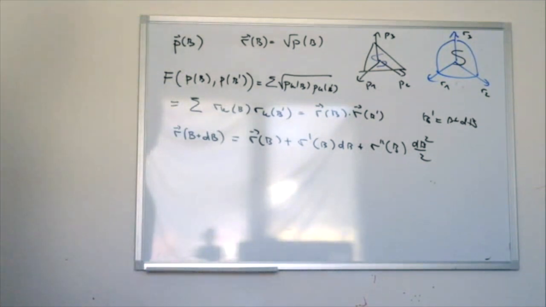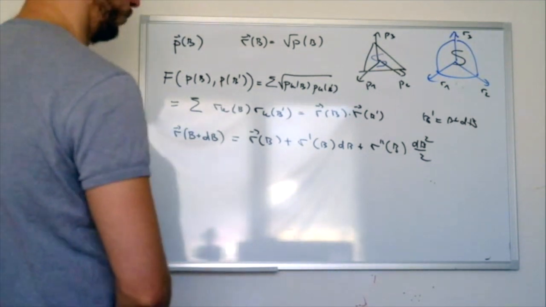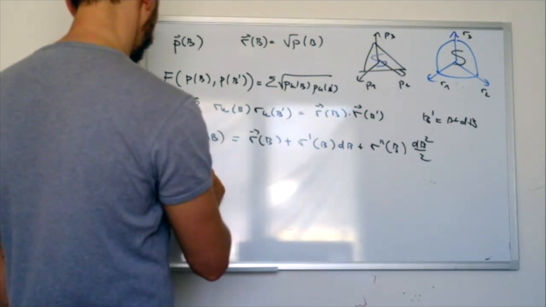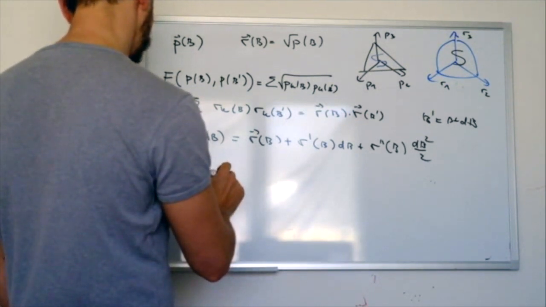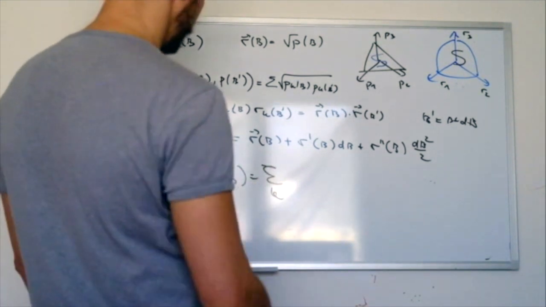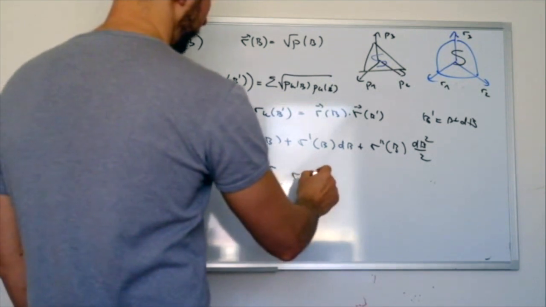So the fidelity between P of B and P of B plus dB is then the sum over k of Rk of B times Rk of B prime.